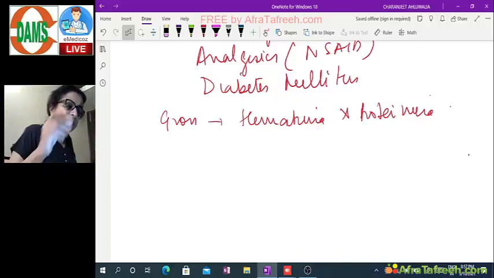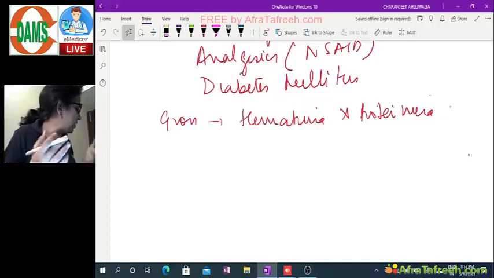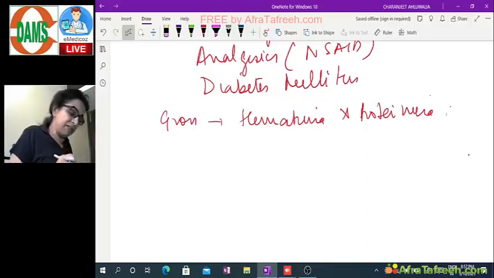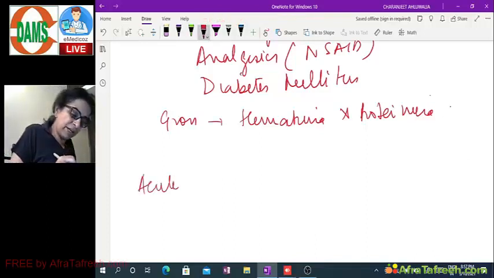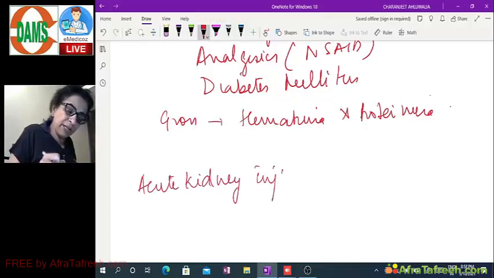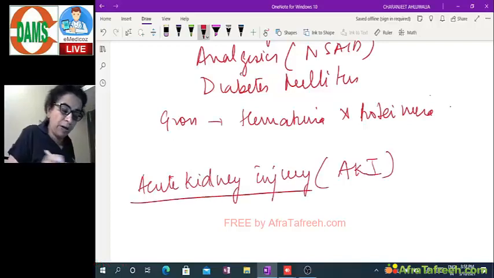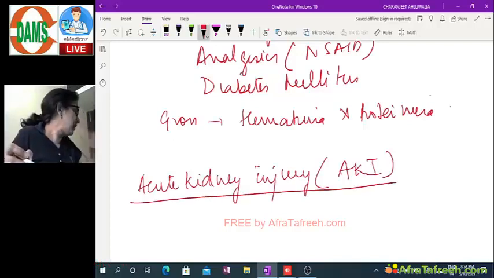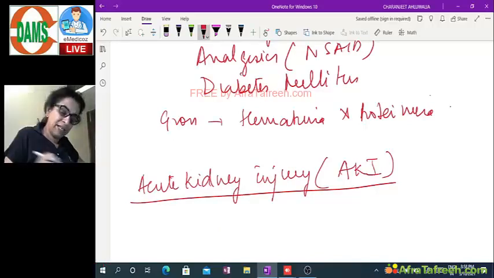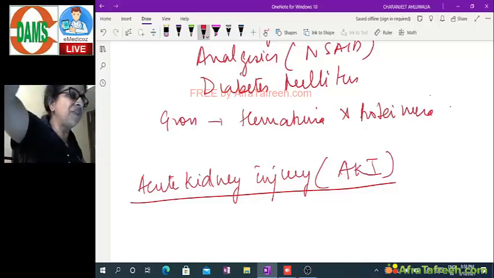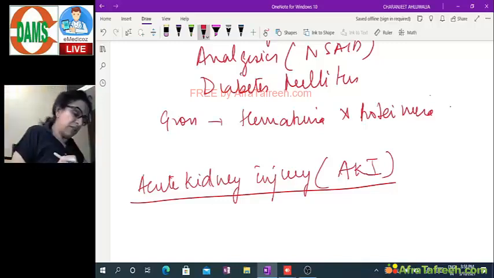Just two lines which you have to know: what is acute kidney injury, and what is chronic kidney disease. So what is acute kidney injury, or AKI? This is an abrupt decline in renal function. Suddenly the renal function deteriorates.